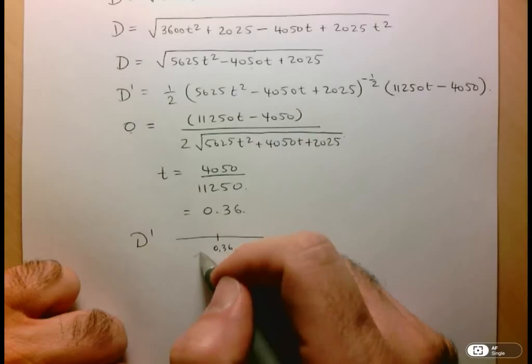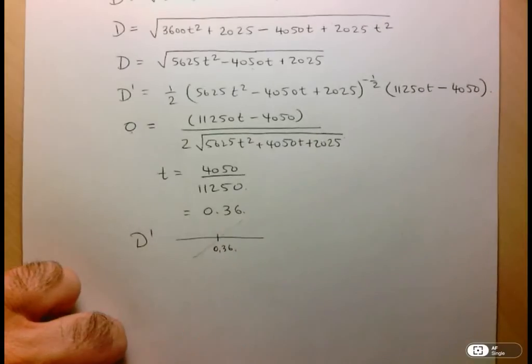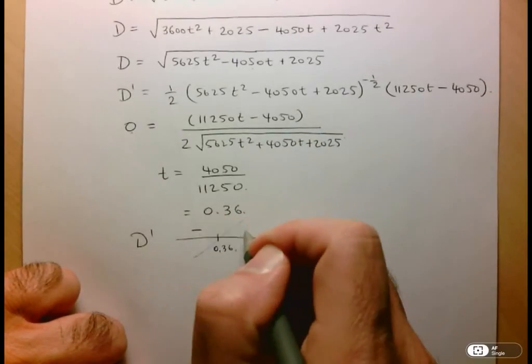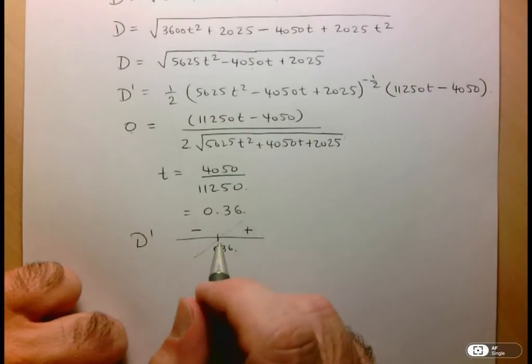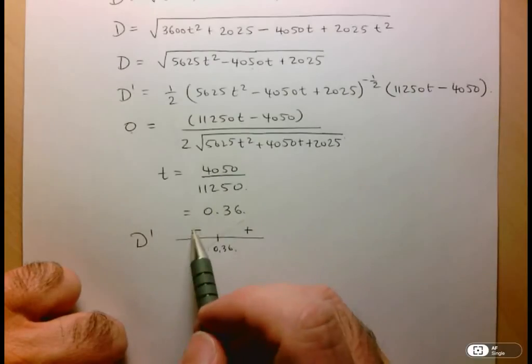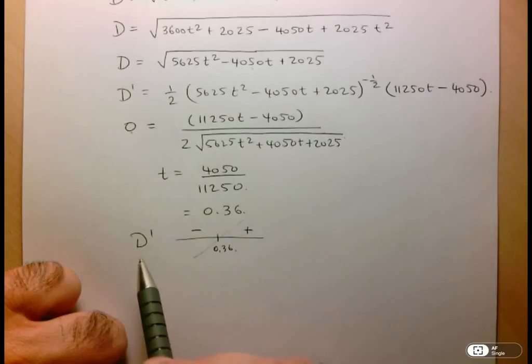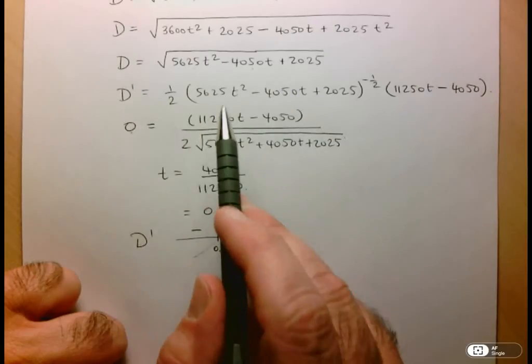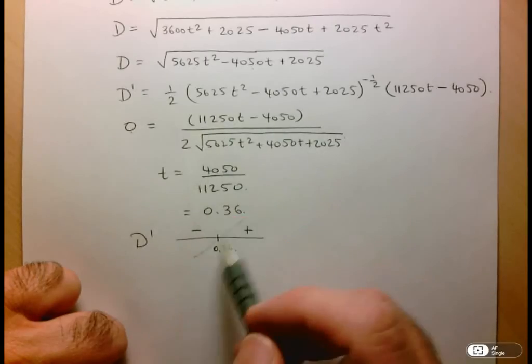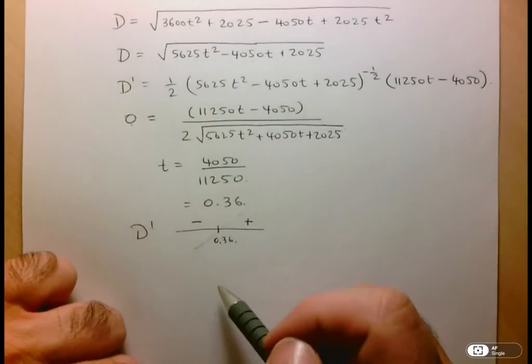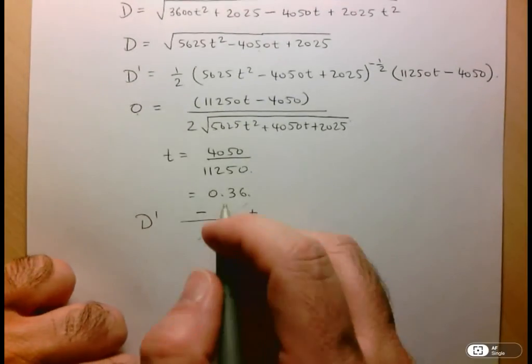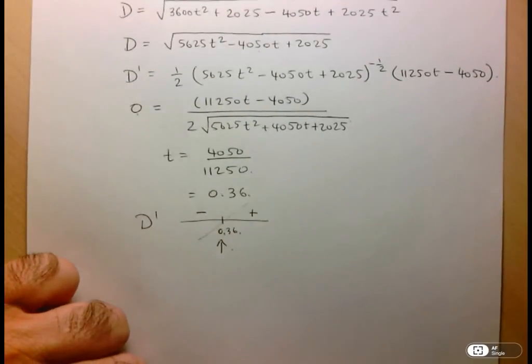So I know that it has to cross the x-axis and go from negative to positive. With this little trick, I was able to avoid having to stick t values into this equation. So I'm only interested in the numerator. It's a linear function with a positive slope, so it has to go from negative to positive at the 0. So we do indeed have a min.